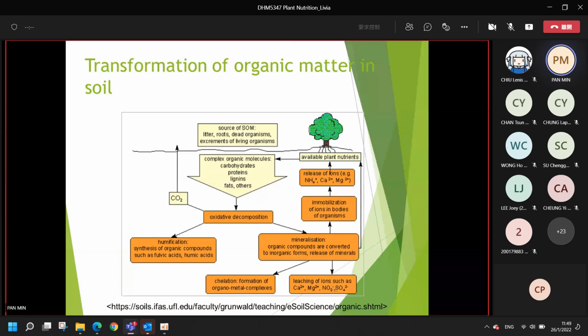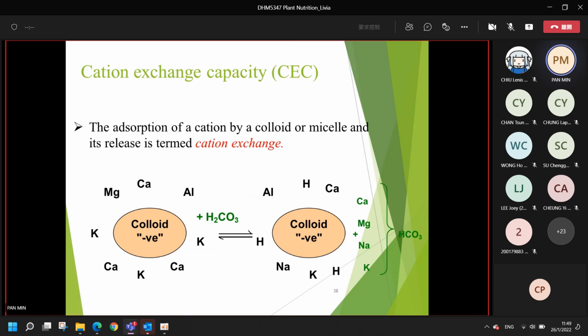So for heavy metal pollution, they will have chelation reactions and cause further pollution and contamination at the soil level. And cation exchange capacity: we said most of the nutrient ions exist in cation form.